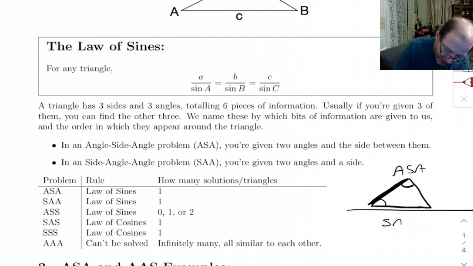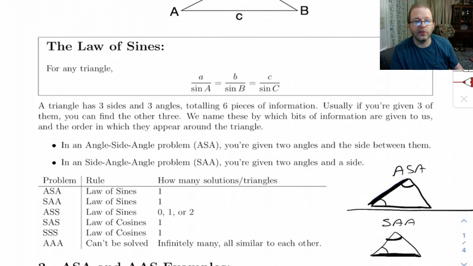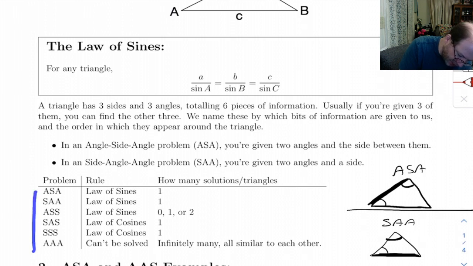And in an angle angle side problem, you're given an angle, then another angle, and then a side. So the difference is where the side is. On an angle angle side problem, the side is not between the angles. On an angle side angle, the side given is between the angles. So that lets us classify the types of problems we have.